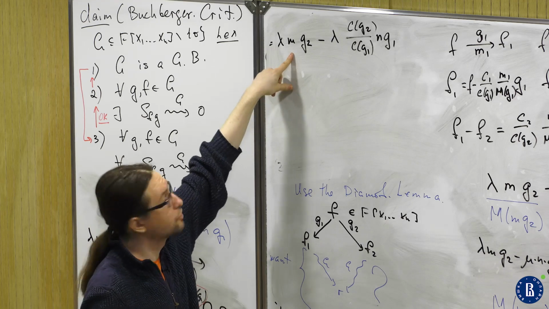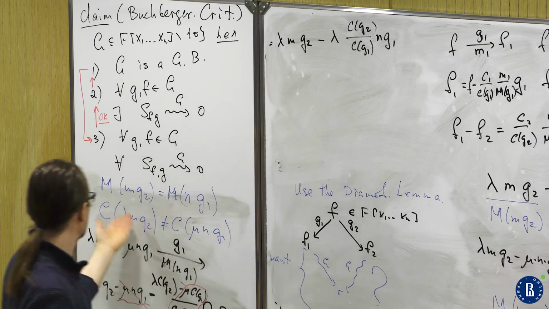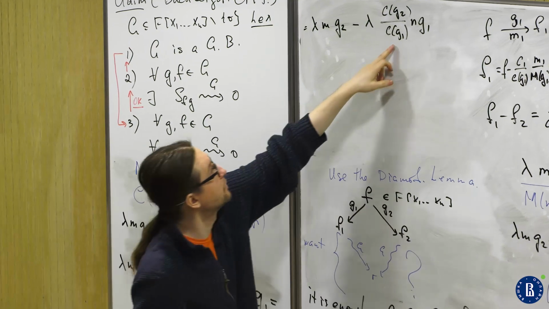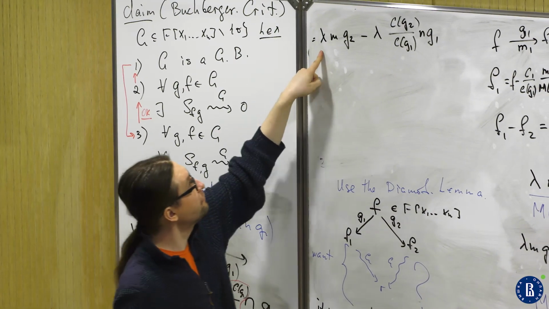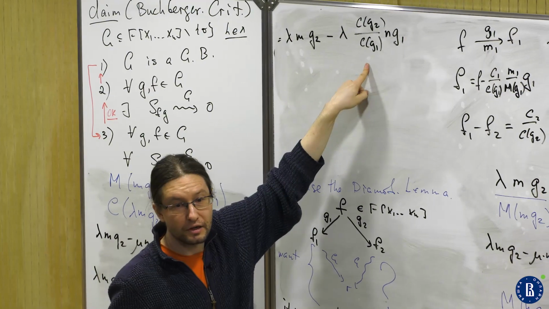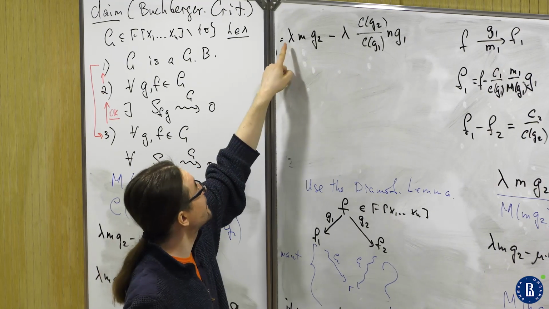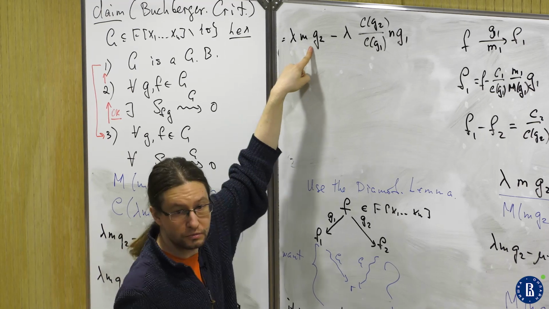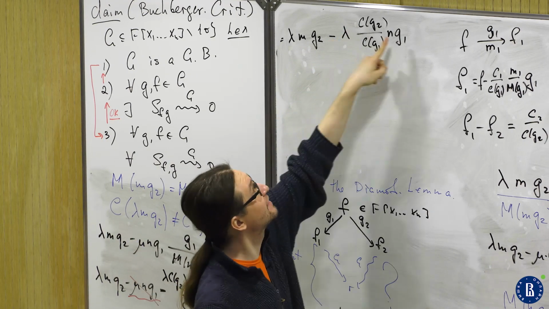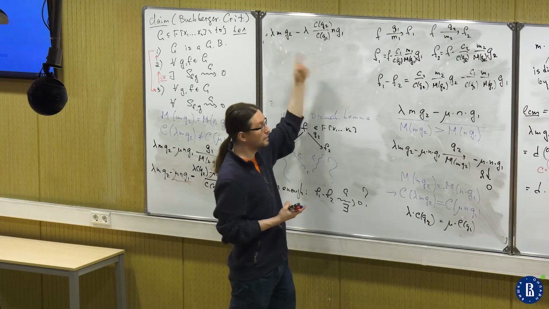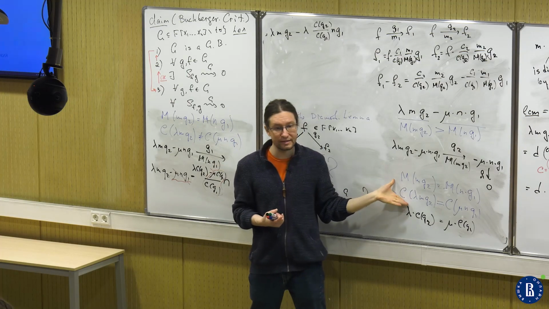The leading monomial here stays the same. The leading monomial here stays the same. But the leading coefficients here and here are also the same, because here it's lambda times c G2, and here it's lambda times c G2 over c G1 times c G1. So the leading coefficients are the same, and we're in case number 2a.